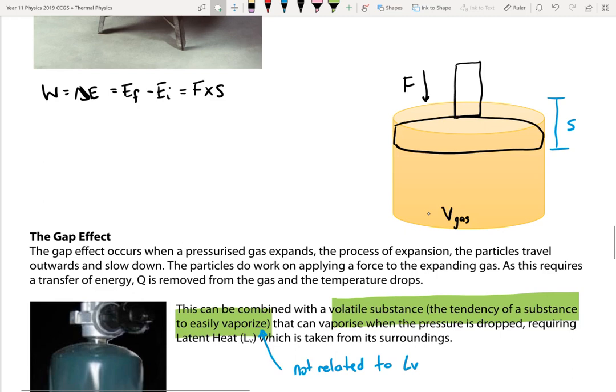Well, it turns out that this transfer of energy goes into heating up the particles. Providing that they don't change phase, it's going to go into an increase in temperature. So literally, as I push down on that piston, the temperature of that gas increases. So the energy has gone to the kinetic energy of the particles.